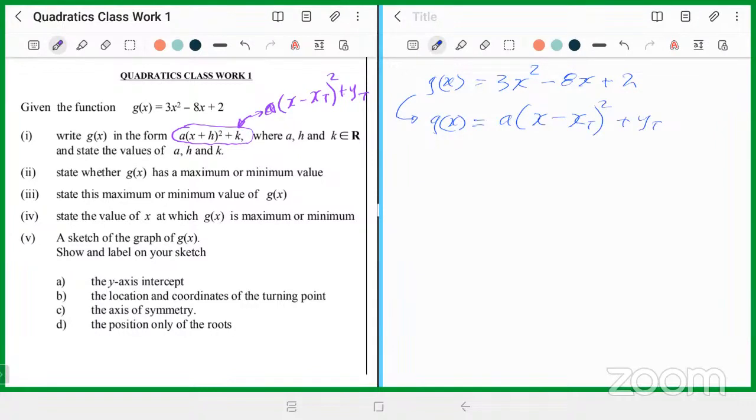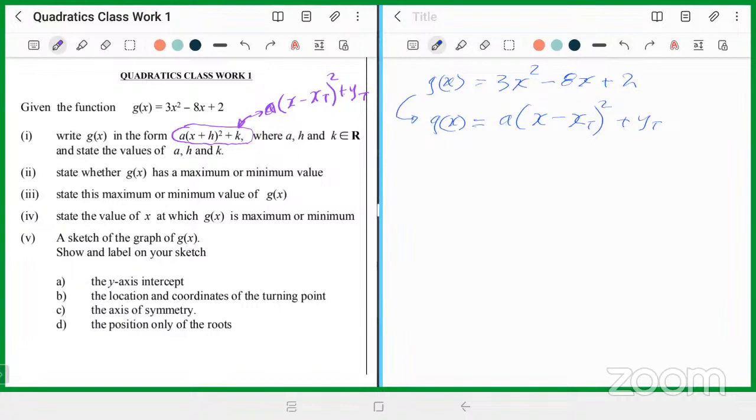Remember, even though they give us a plus right here, we are starting out with a minus, x minus xt, because the formula we use for xt keeps it consistent with having a negative here. The a value we get from the standard form, but how do we get xt?